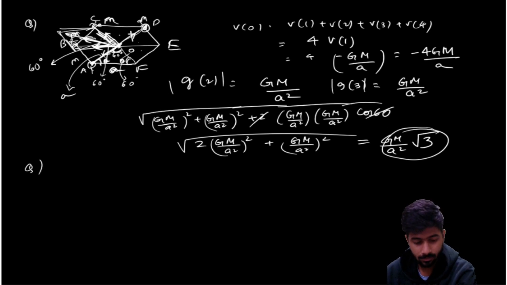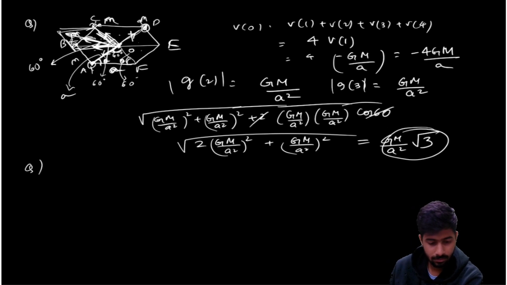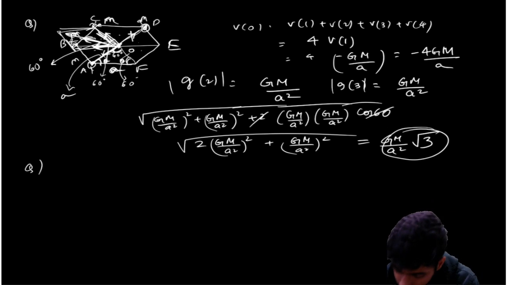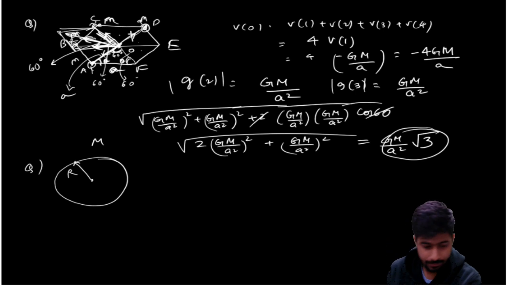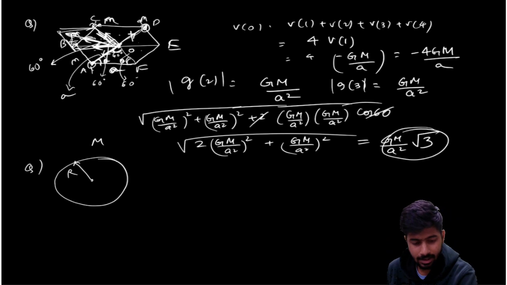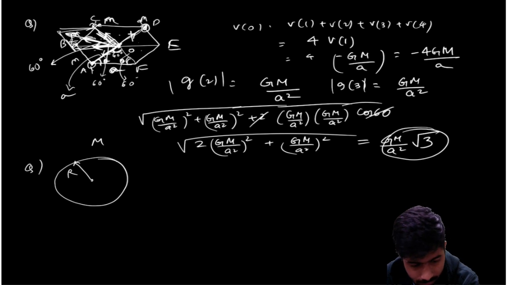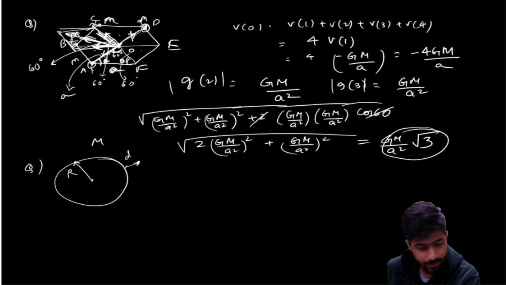So you have a solid sphere of mass m, radius capital R. At a distance d from the surface, this is d. At a distance d from the surface, at what distance d?